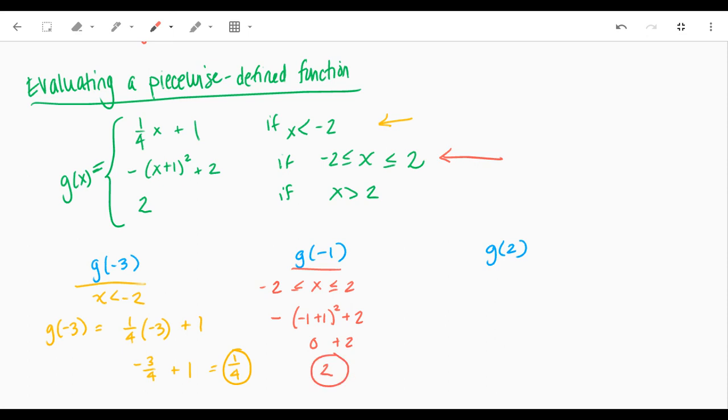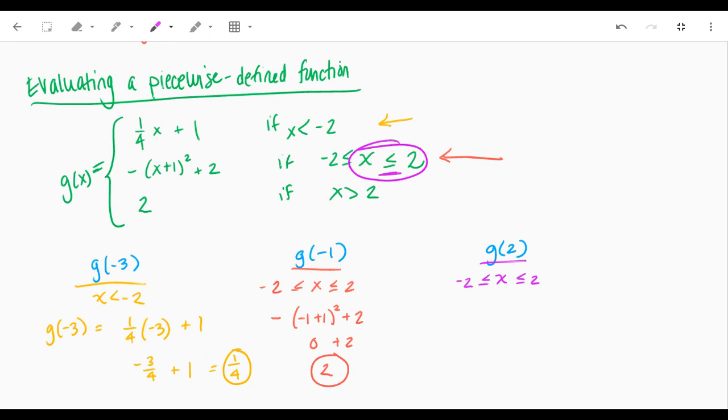Okay, and then for my last piece, g of 2. Now this is tricky, okay? If x is 2, then we're on that second piece, okay, because of the equals 2. Okay, so we're there where x is less than or equal to 2, but still obviously greater than -2.